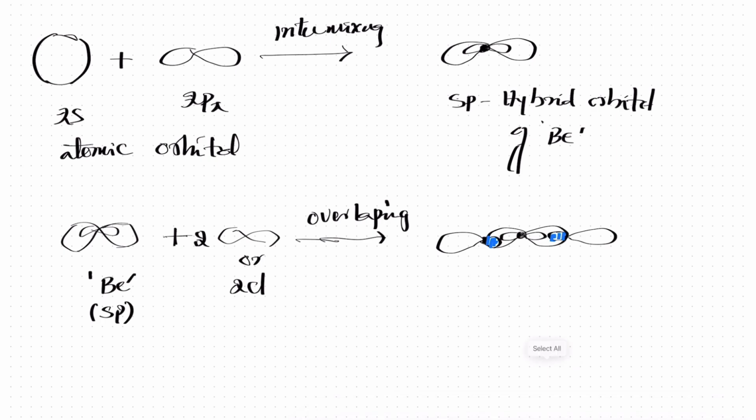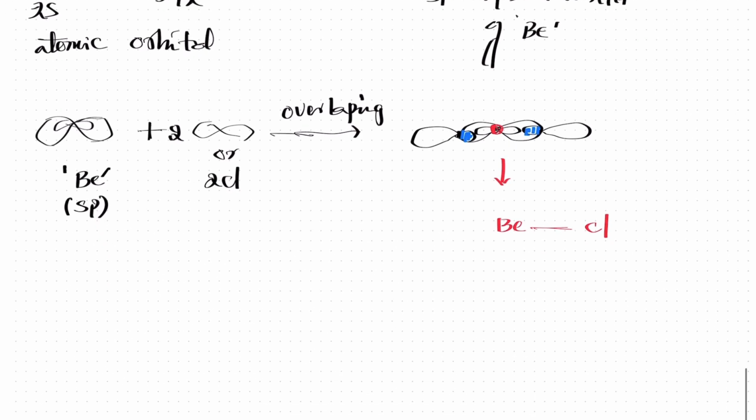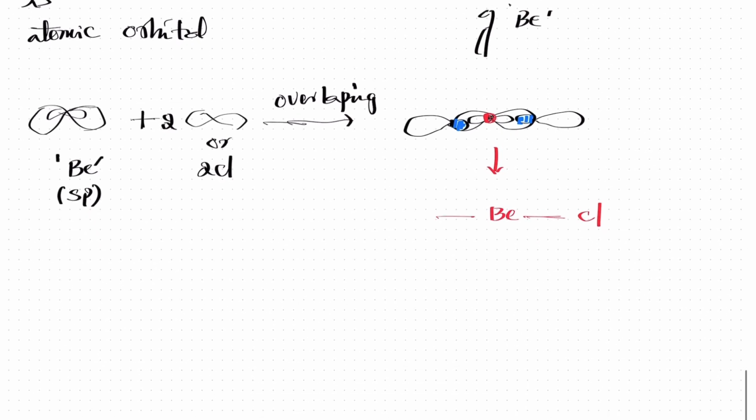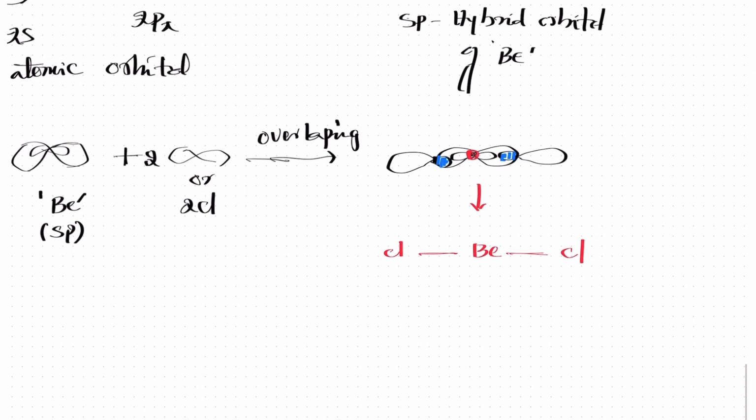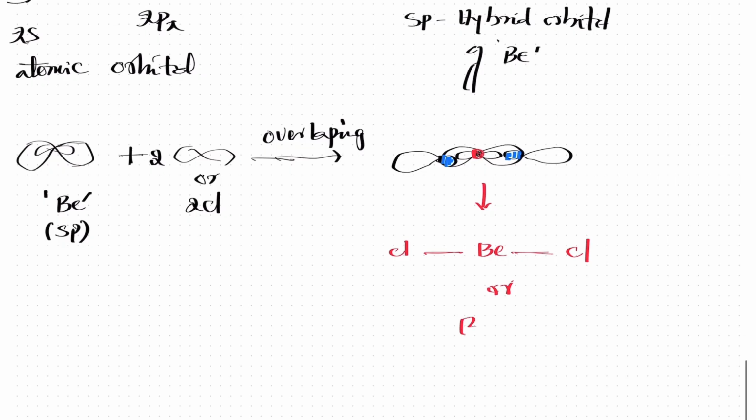The middle dot indicates beryllium. One bond is formed due to overlapping with this chlorine, and one more bond with this other chlorine. So this is the structure of the molecule, formed by overlapping. We can write BeCl2.